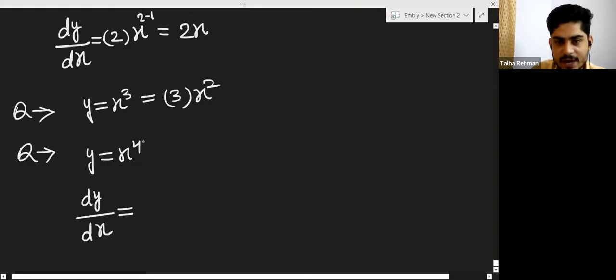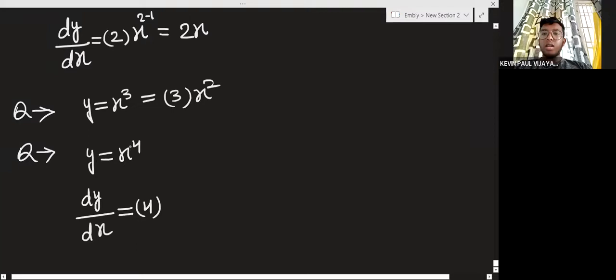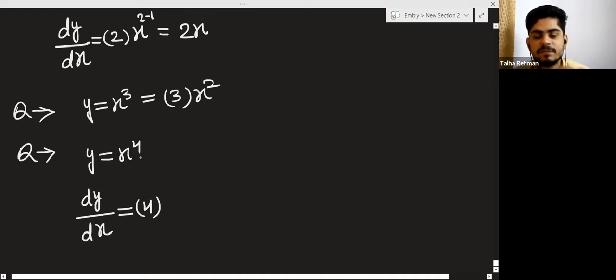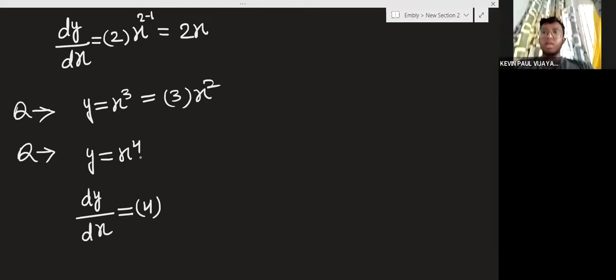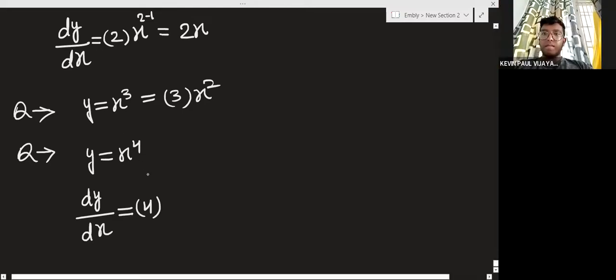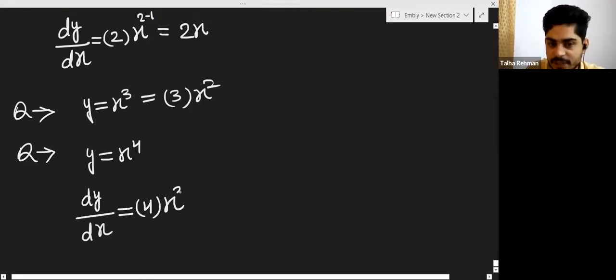I will write 4 first, and decrease one power of x. Earlier it was x to the power 4, now it is x cube.